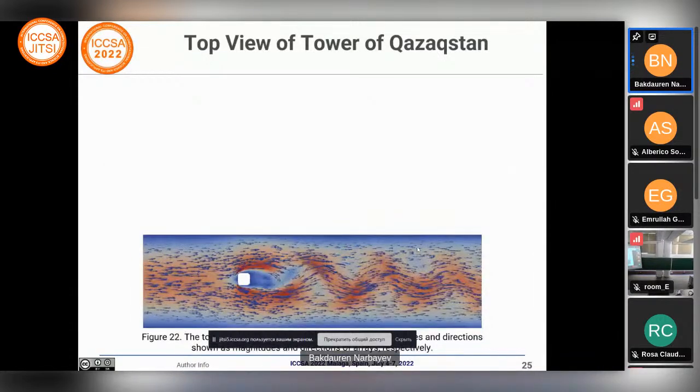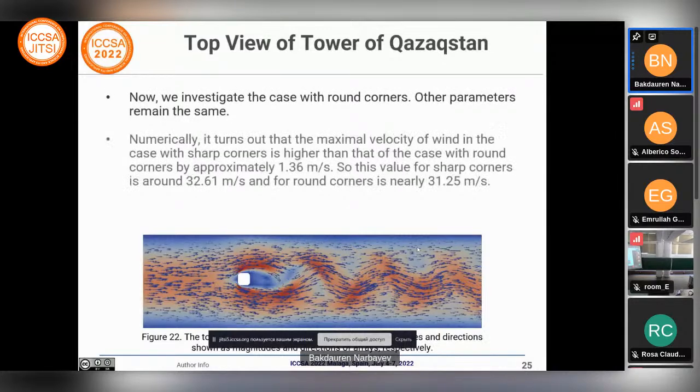In the same setting, but with round corners, we got around 31.25 meters per second. So the round corners serve the purpose of holding the velocity of the wind from increasing its value. So round corners are better.